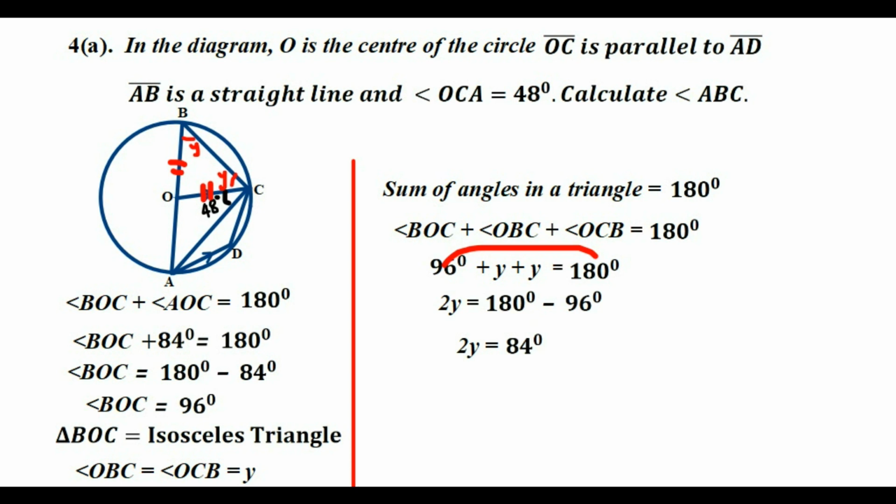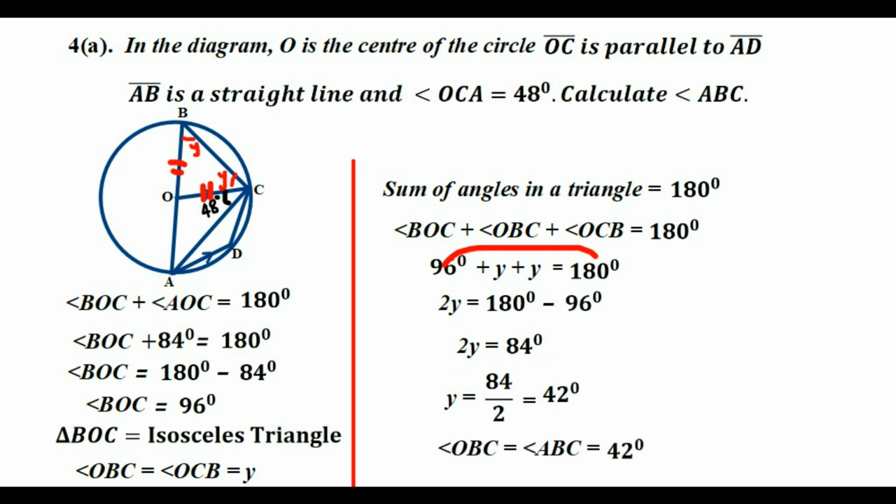And then for us to get the value of y, we divide through by 2. 84 divided by 2 is equal to 42. And that means the angle we have to find is 42. And as you can see, angle OBC is the same thing as angle ABC and is equal to 42.